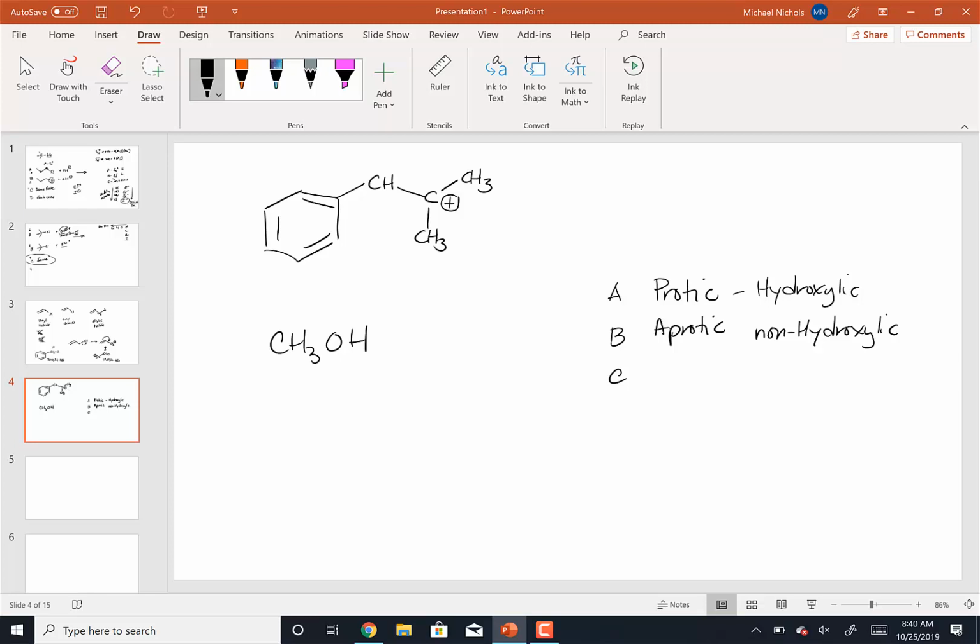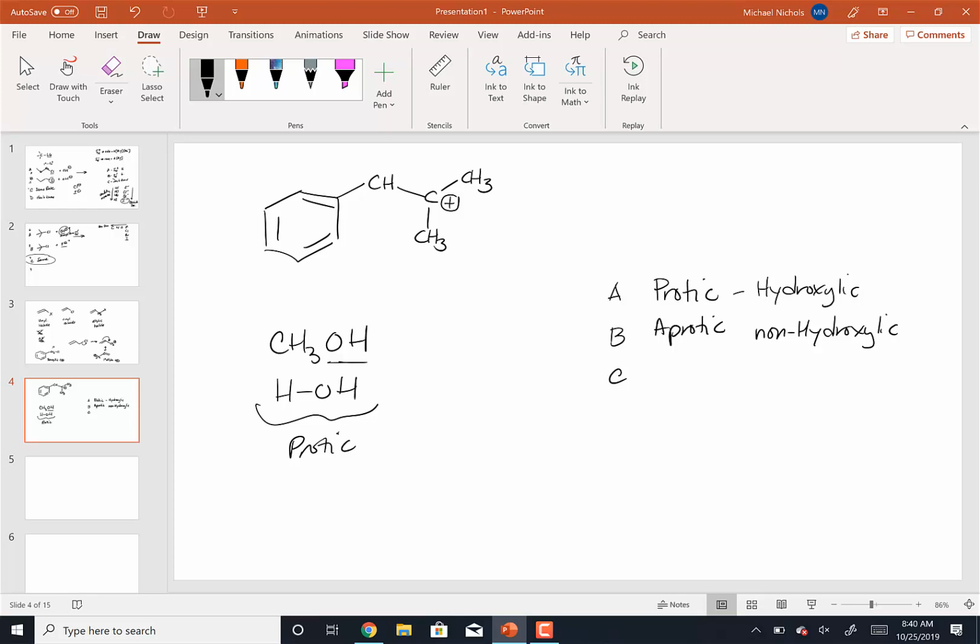Okay, we've got 19 protics. So this is a protic or hydroxylic solvent. Again, hydroxylic means it has an OH group. Protic means that it has a proton that could be lost. And so alcohol and water are our typical protic solvents.